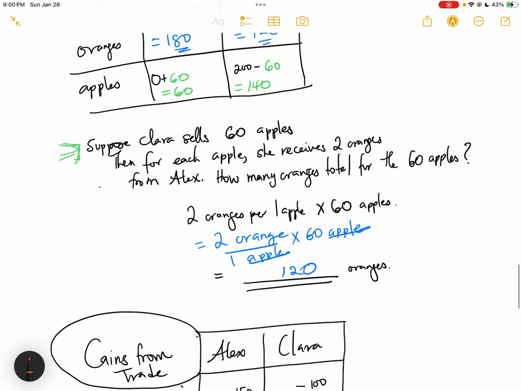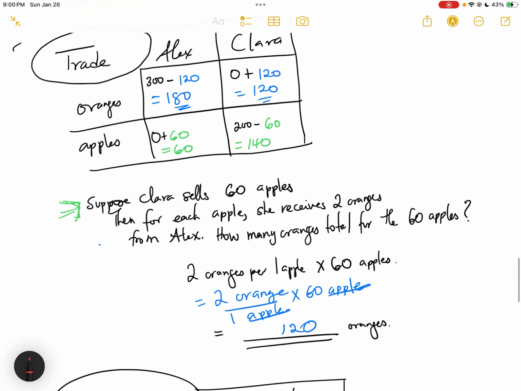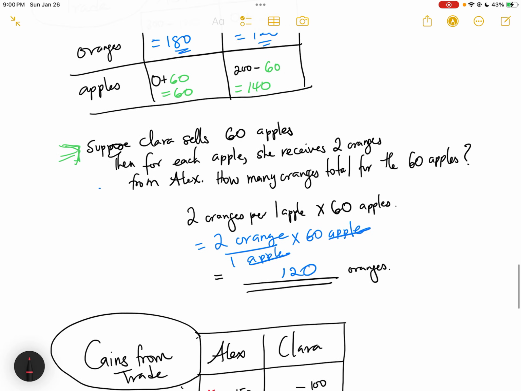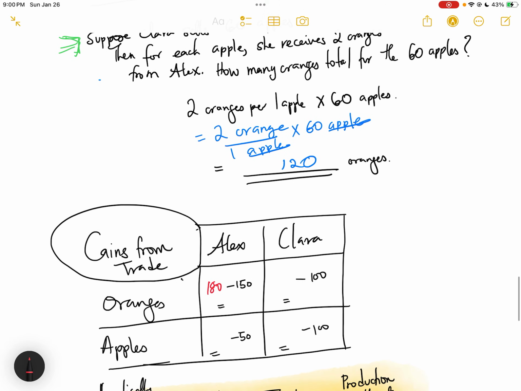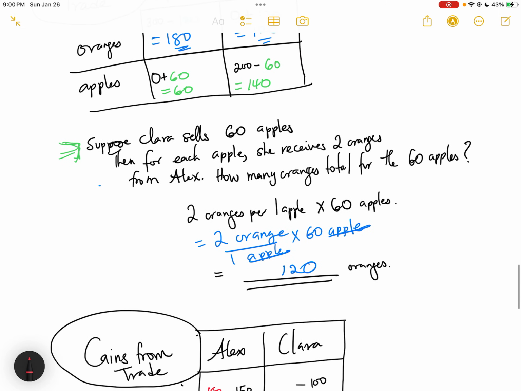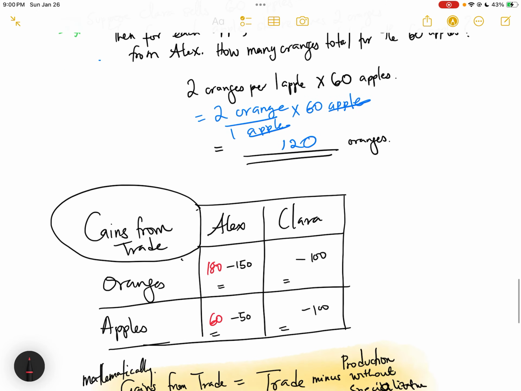Now we just need to add the trade numbers from the table just above. So here, Alex, 180. Apples for Alex, that's 60. Clara, 120 and 140.